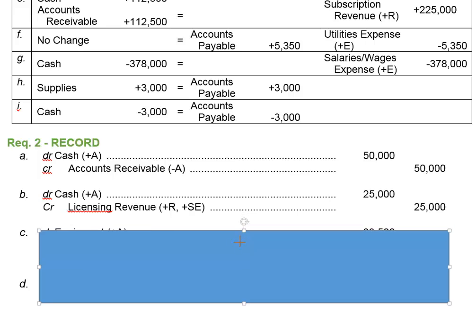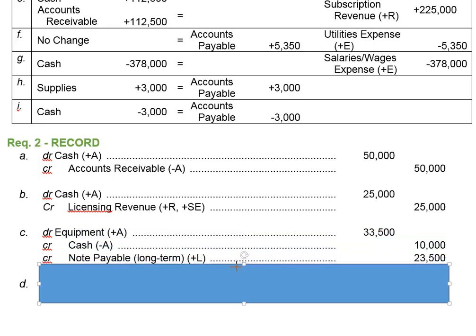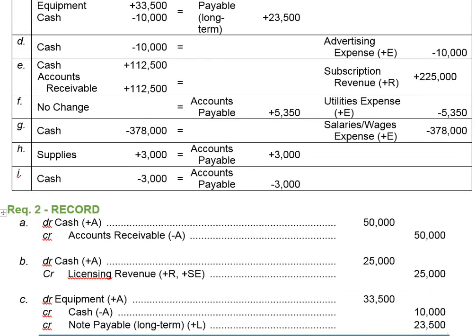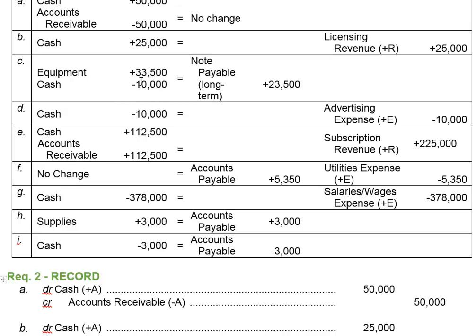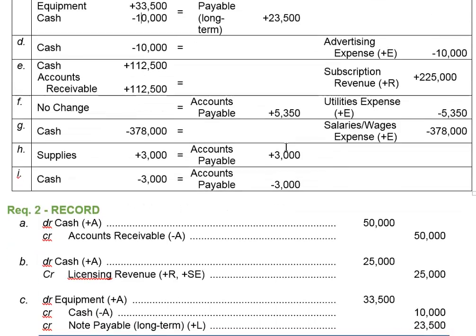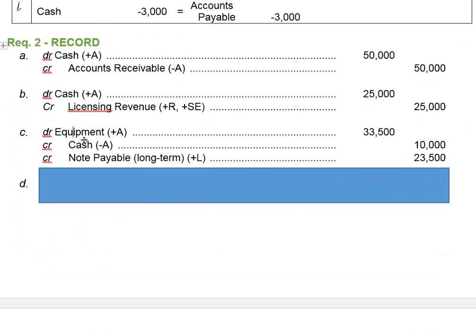So now we'll go back to the next transaction that we analyzed. And don't forget, this is actually a 3-line journal entry that we're making now. And again, it says that our equipment went up and cash went down. Well, these are both assets. We had an asset going up, which is a debit, and an asset going down, which is a credit.